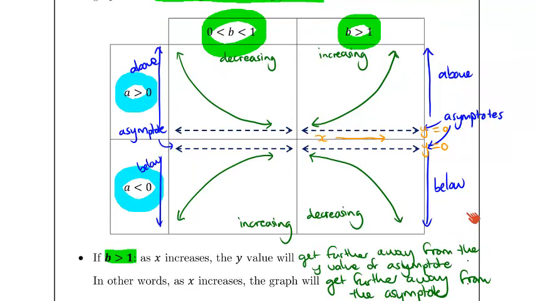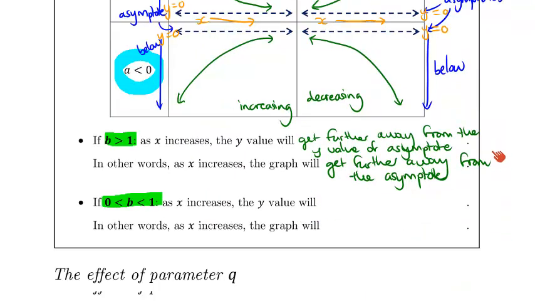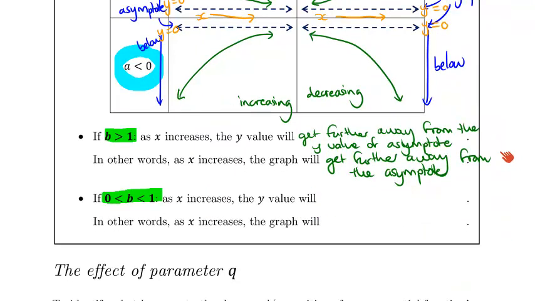Well, once again, so far we've only dealt with y equals 0 as our asymptote, but this time as x increases, please notice that the graph gets closer and closer to the asymptote, irrespective of whether a is positive or negative. In other words, the y values of the graph get closer to the y value of the asymptote. Do you see that?